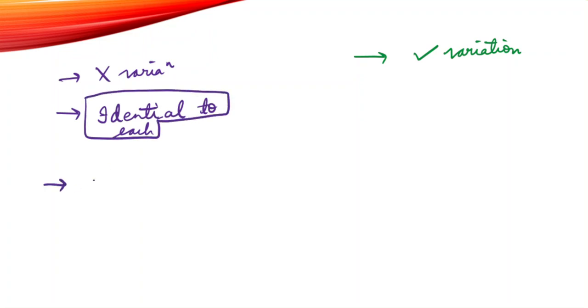Suppose you take an amoeba. When it divides by fission, it forms two daughter amoebae, which are identical to each other.